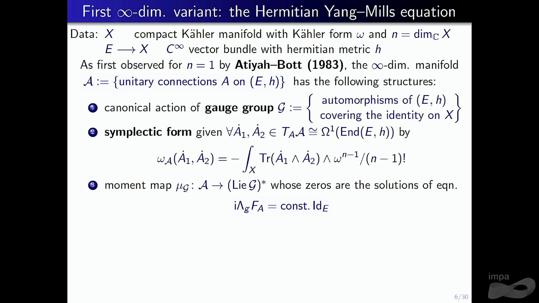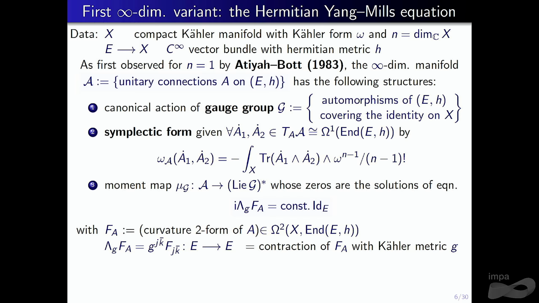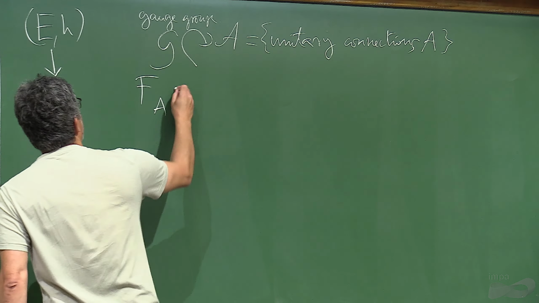And we are only interested in the zeros, so I won't write explicitly the formula for the moment map. But the equation is this. Where I have to define a few things, I guess. F is the curvature.